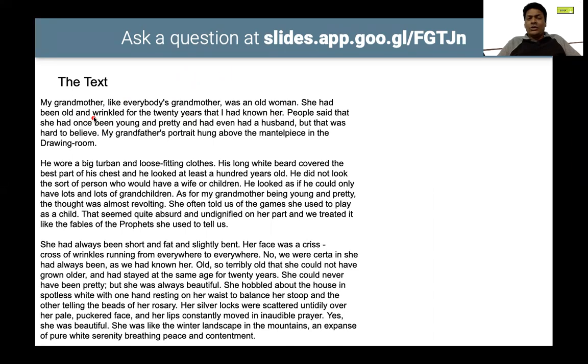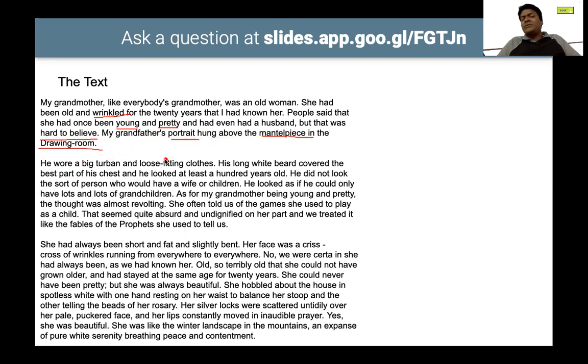For the 20 years that I had known her, people said that she had once been young and pretty and had even had a husband, but that was hard to believe. My grandfather's portrait hung above the mantelpiece in the drawing room.